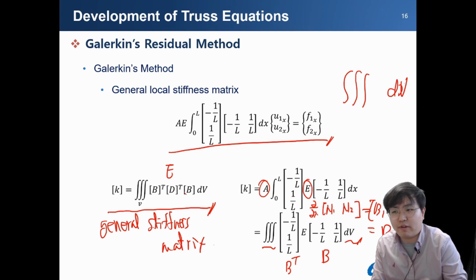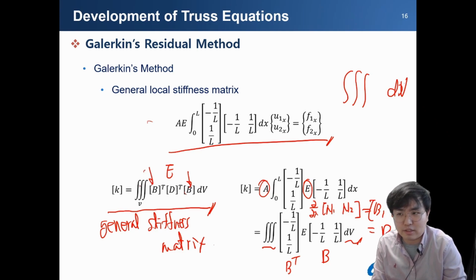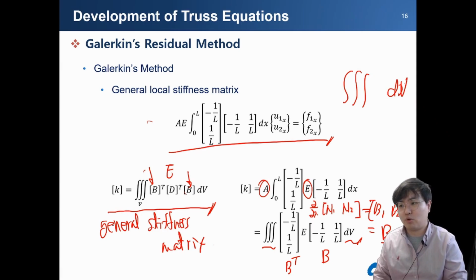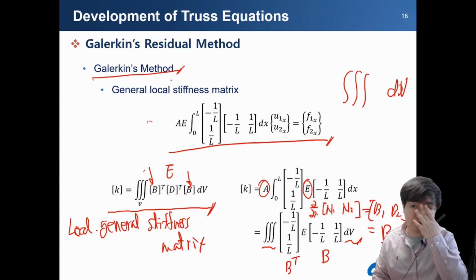I don't think you are familiar with the shape function yet, but if you are familiar with the shape function for our FEM system, you can just add the derivative shape function in these matrices. You can easily obtain the general, actually local, stiffness matrix. This is another way to do the Galerkin residual method.